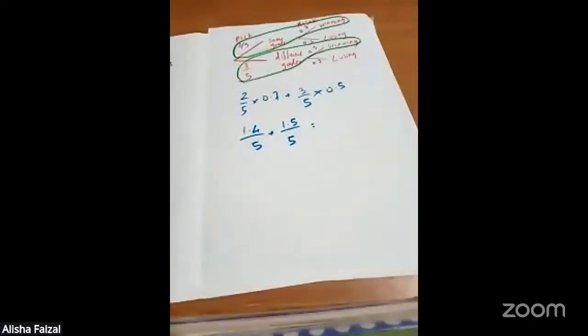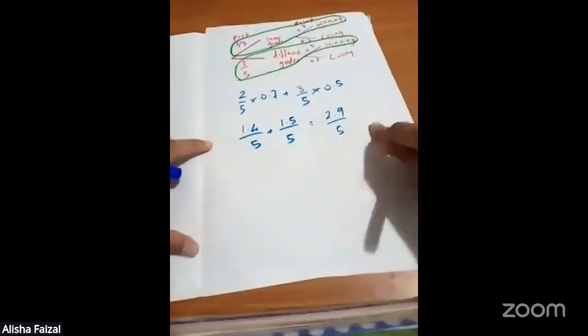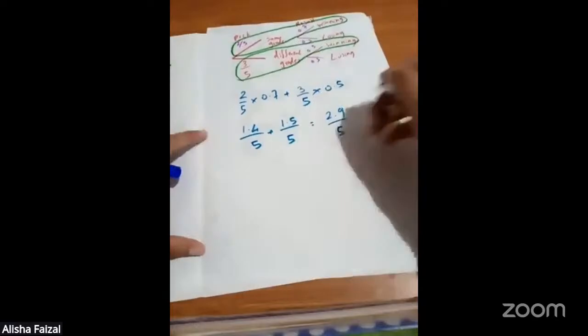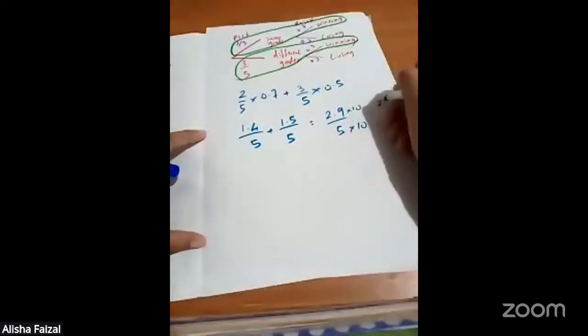So we'll convert the decimal into a whole number. Multiply this by 10, this by 10. The answer will be 29/50.